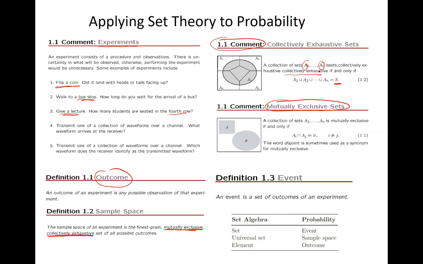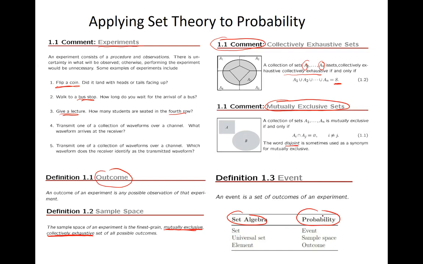And mutually exclusive sets are disjoint sets. If there is no common element in two sets, then these sets are called disjoint or mutually exclusive. Now, from set algebra to probability, you can see how we use the terms.